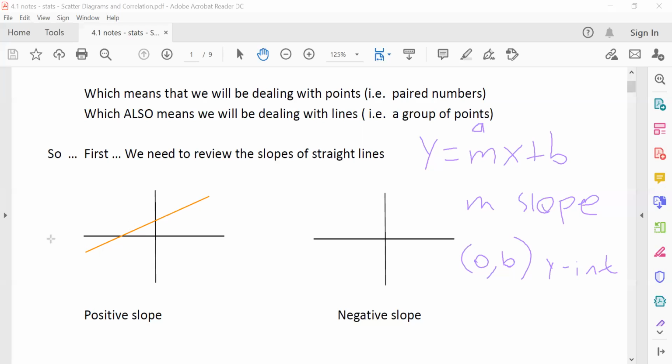As I go from left to right along the x-axis, which is going from smaller numbers to larger numbers, this thing is on the up and up. That's what it means to be positively sloped. In fact, when I say it has positive slope, I mean literally the slope of the line is a number which is greater than 0, which is a positive number.